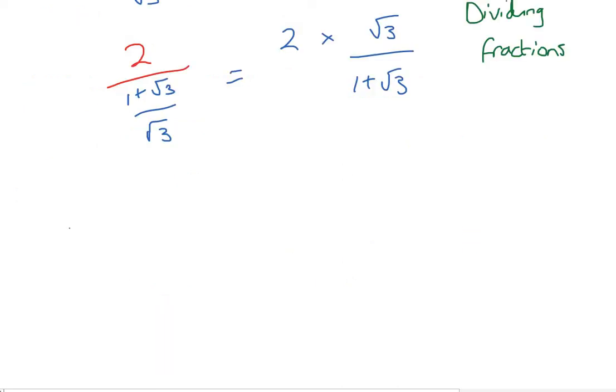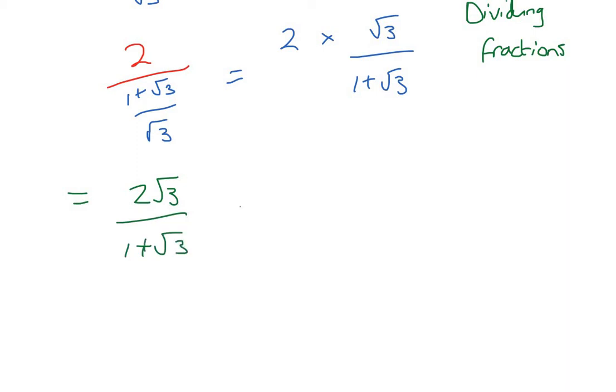Right, excellent. So now what we can do is multiply these numerators. So we get 2 root 3 over 1 plus root 3. Hopefully you should be able to see from now that we rationalize the denominator. And we do this by multiplying by what's called the conjugate of the denominator.